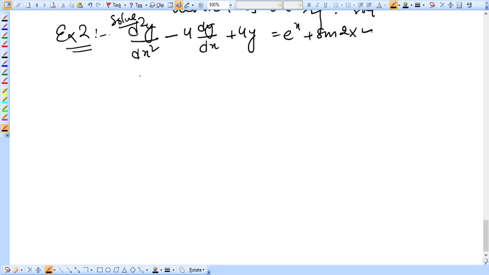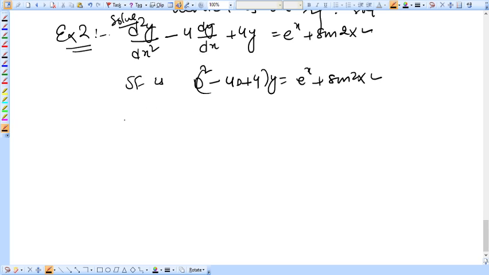The symbolic form is d square minus 4d plus 4 y equal to e raised to power x plus sine 2x. The auxiliary equation is d square minus 4d plus 4 is equal to 0.